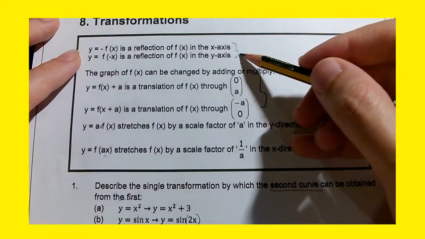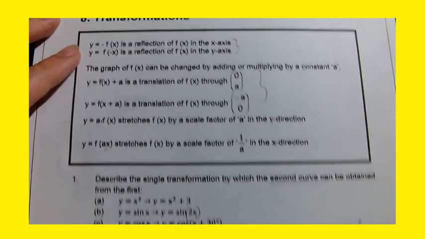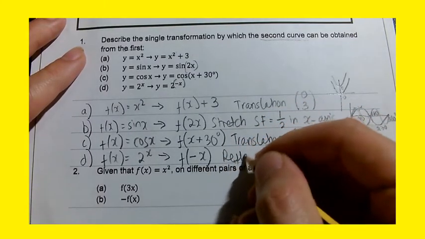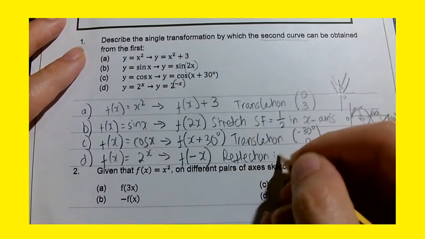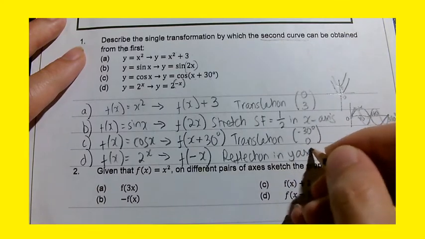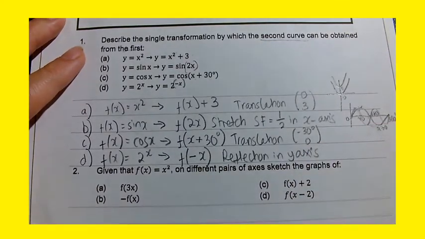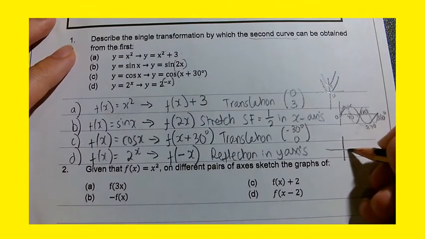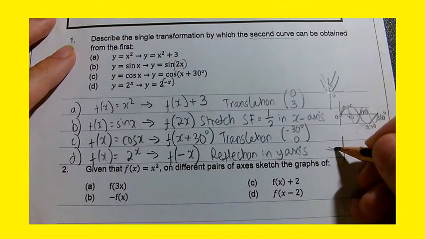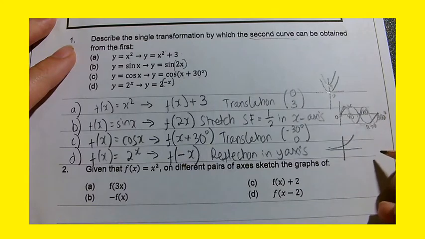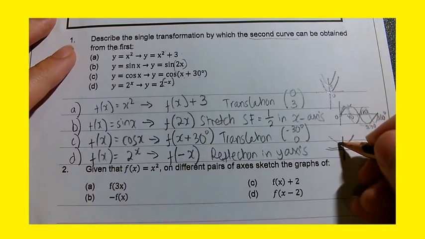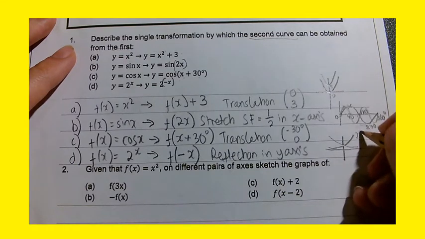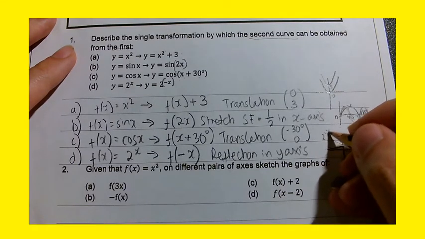Right here at the top, reflection of f of x in the y-axis. Okay. Of course, if I was to do a quick sketch, there is 2 to the power of x, and if I did 2 to the minus x, it looks like that. Okay, so 2 to the power of x, 2 to the minus x.